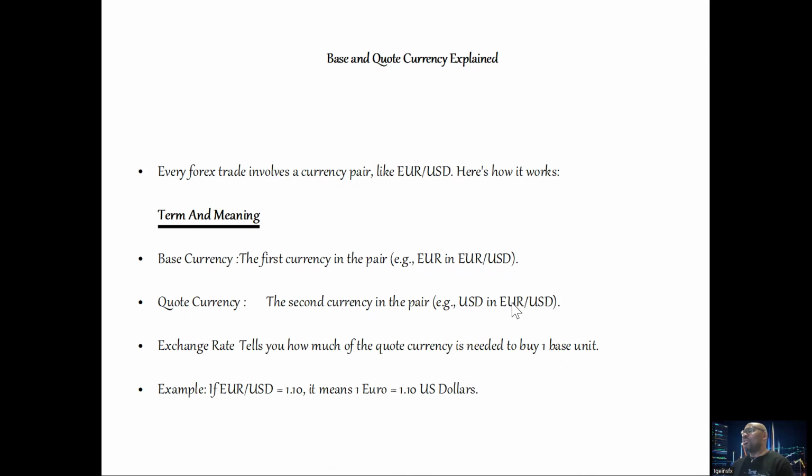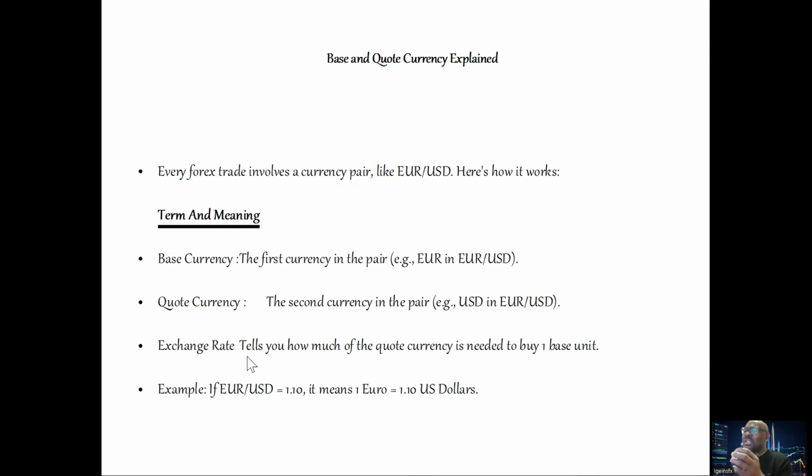For example, with euro USD again, the quote currency will be the USD. All right, it's very clear. Don't get confused. In the pair Euro USD, the first currency is the base currency, then the second currency is the quote currency. In this scenario, Euro is the base currency, USD is the quote currency.